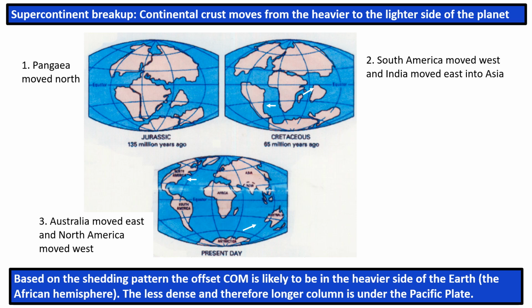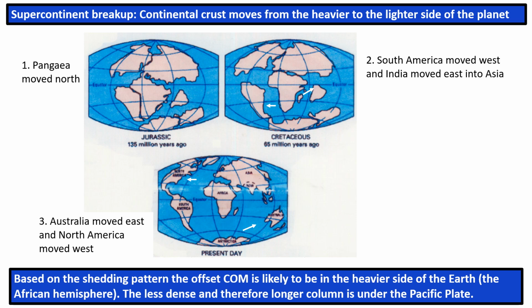Then that tells him that the center of mass is probably underneath Africa, on the African side of the Earth. Not that the crust itself is heavier on the African side of the Earth, but that the center of mass of the whole planet is under Africa. So that seems, when you look at the movement of the planet since Pangaea, to support Bob's theory.